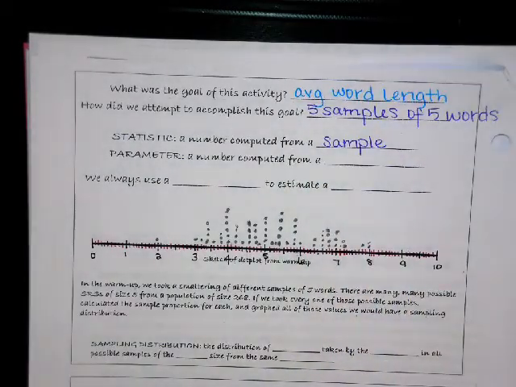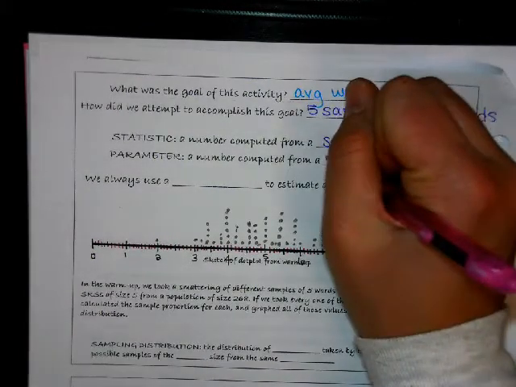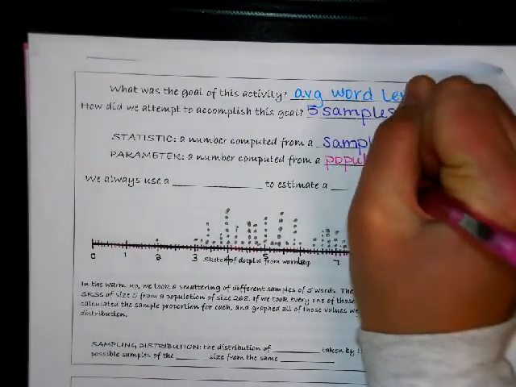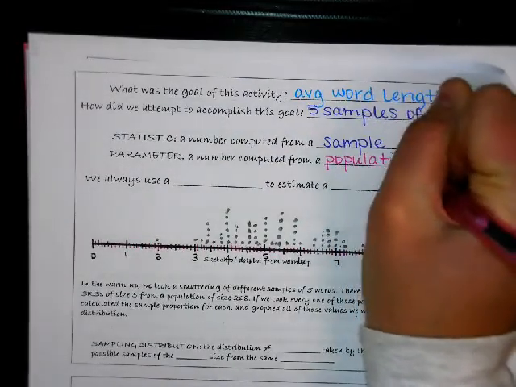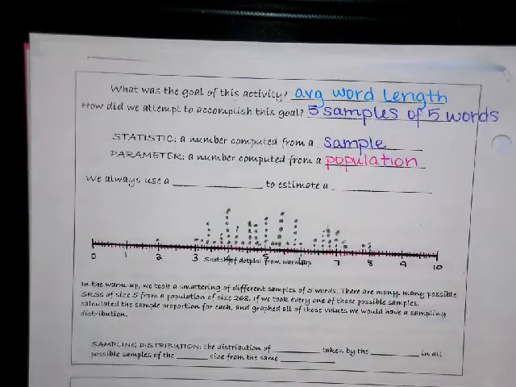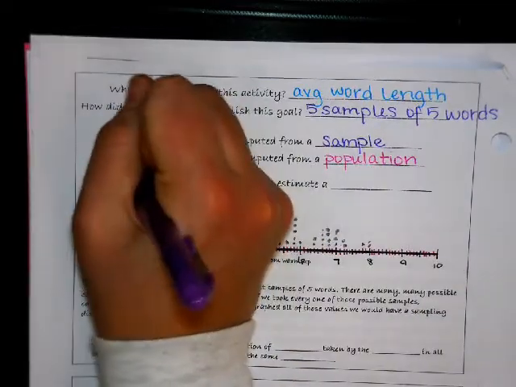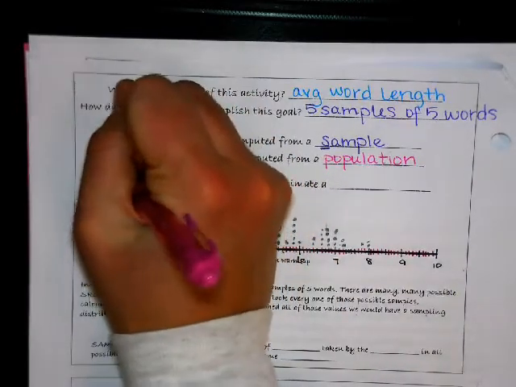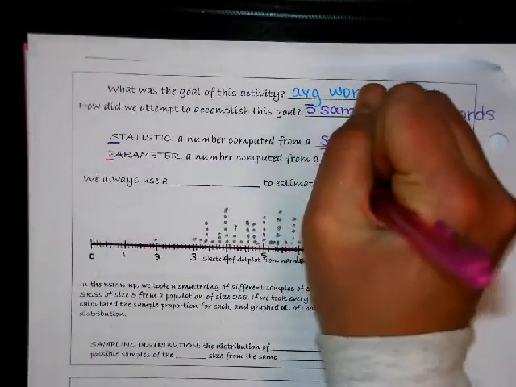A parameter is a number that is computed from a population. And the way I keep that straight is the first letter. Statistic starts with an S, so does sample. Parameter starts with a P, so does population.